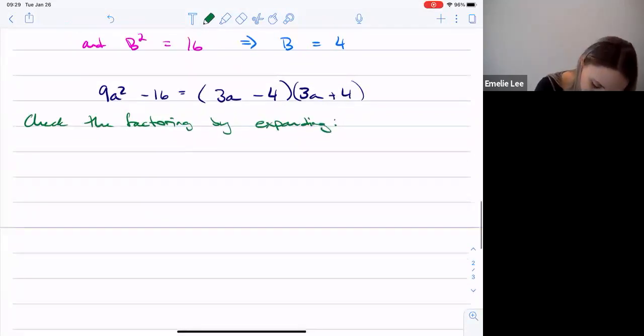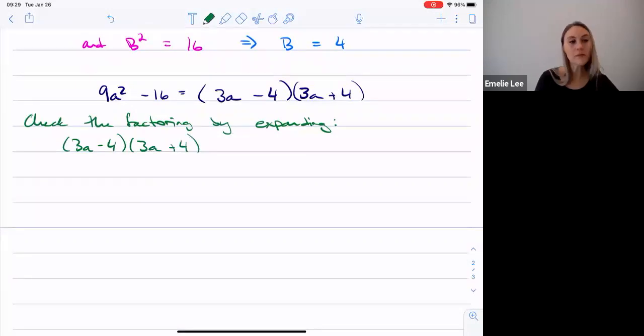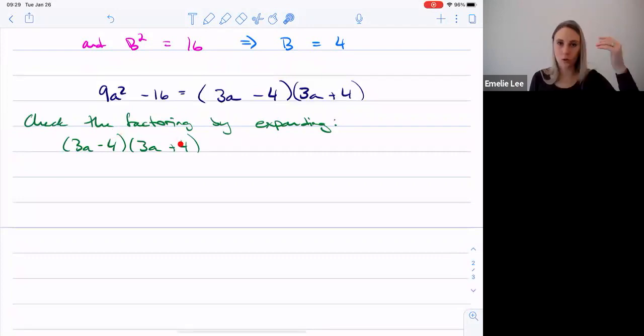right? And so what I'm going to do is I'm going to have 3a minus 4 times 3a plus 4. And then I'm going to expand that out, right? Remembering you take 3a times 3a plus 3a times 4 plus negative 4 times 3a plus negative 4 times 4, right? So expanding, you just work methodically and expand this thing out.